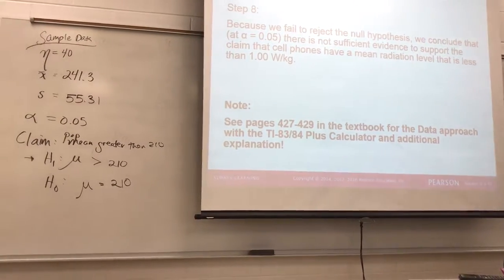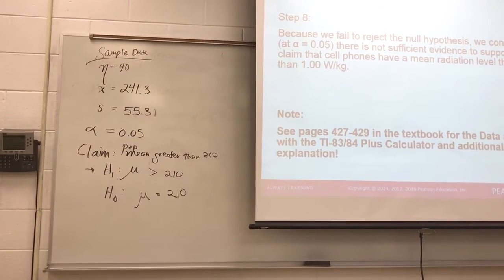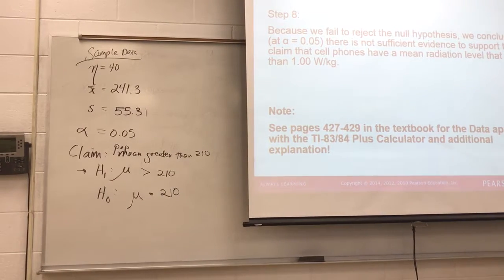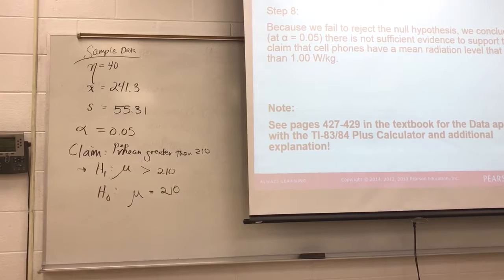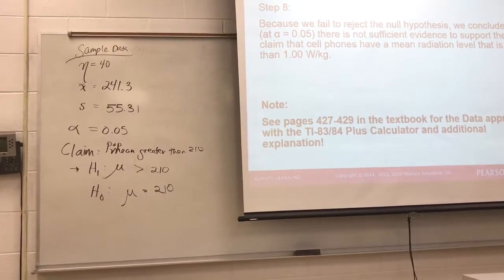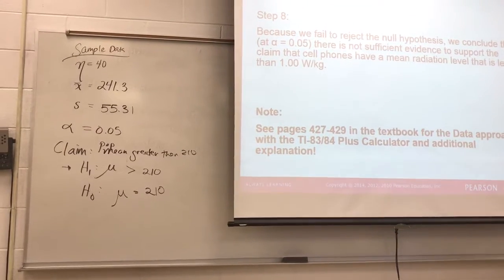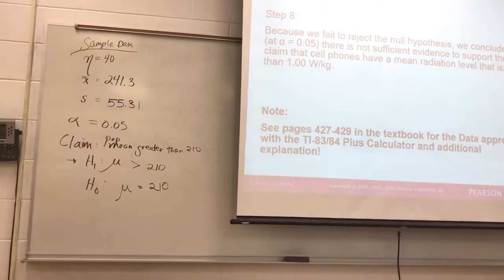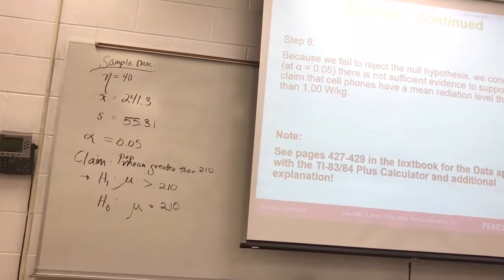Screenshots with the calculator that has color, they actually let you choose a color on some of those calculators for your drawing. Cell phone radiation, the p-value method. I'll even do some quartile plots, we're not gonna do that.